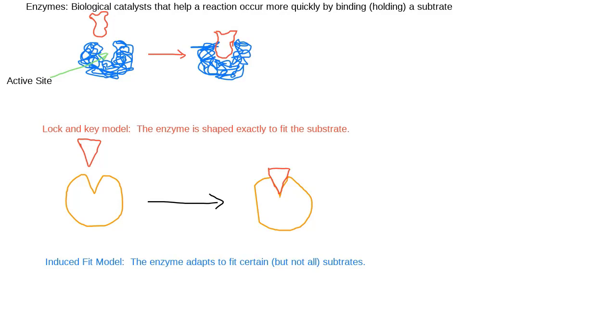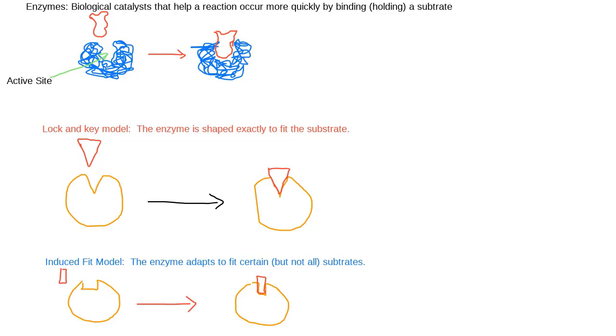And let's say the substrate that you had was a little bit more narrow. So when it senses the substrate coming near, it might narrow itself so that it fits the substrate, like clamp it in.